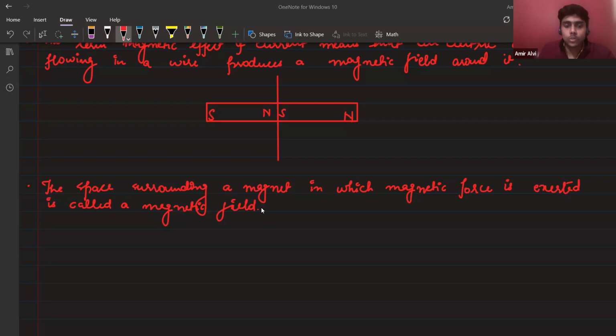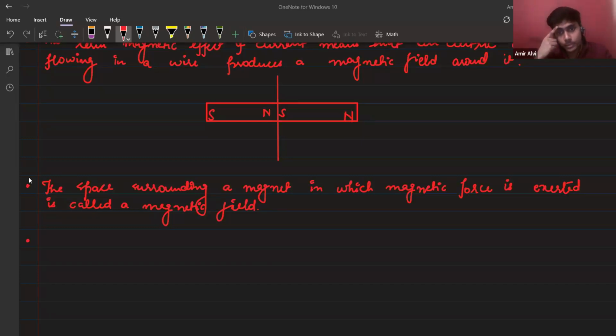So let's understand one more thing, the magnetic field line. We will understand the direction of the magnetic field by the magnetic field lines. We denote the direction in which the magnetic field is going by magnetic field lines. Clear? Yes, sir.